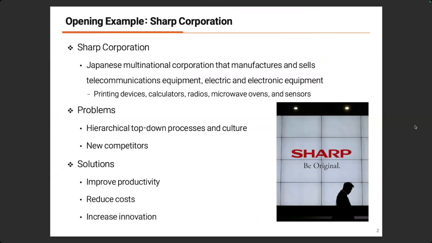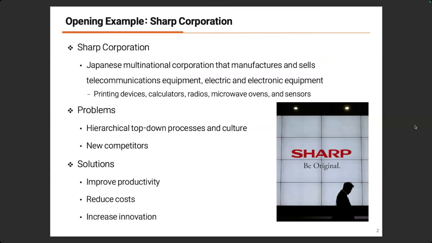It may hamper the efficiency of the business processes. It is one of the major problems that most traditional companies have.